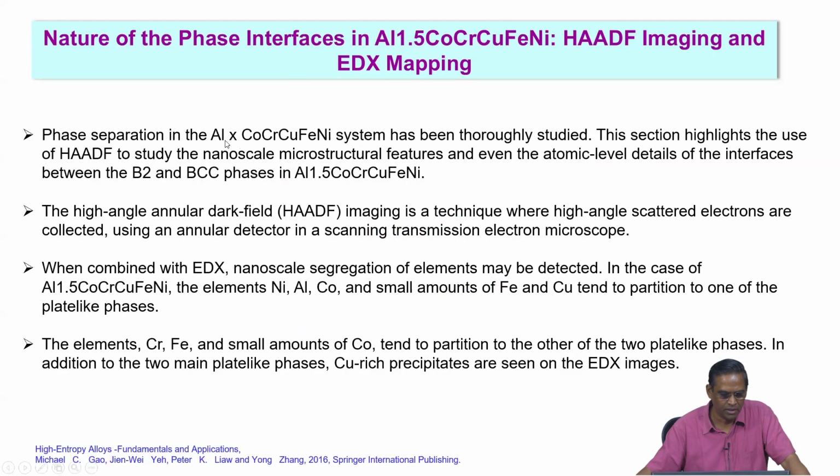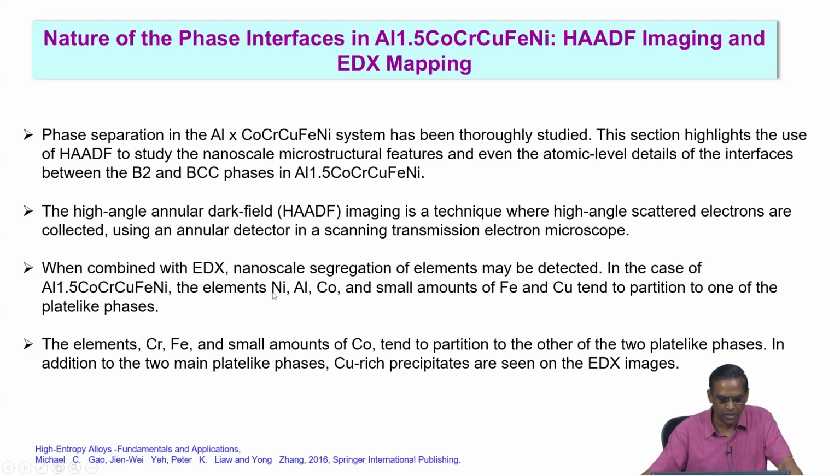The phase separation in the aluminum, cobalt, chromium, copper, iron system has been thoroughly studied. Here, HAADF shows the nanoscale microstructural features and even atomic level details of the interface between B2 and BCC phases in this alloy. So we combined HAADF and EDS, and we looked at the elements: nickel, aluminum, cobalt, and small amounts of iron and copper tend to partition into one of the plate-like phases.